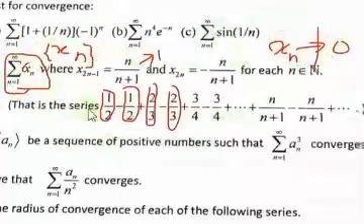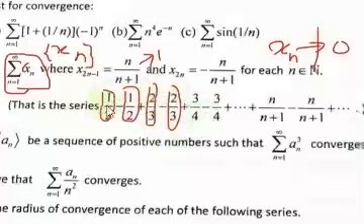So even though this is an alternating series, we don't have to use the alternating series test. It says this should be monotonically decreasing, and this quantity must be reducing to 0.